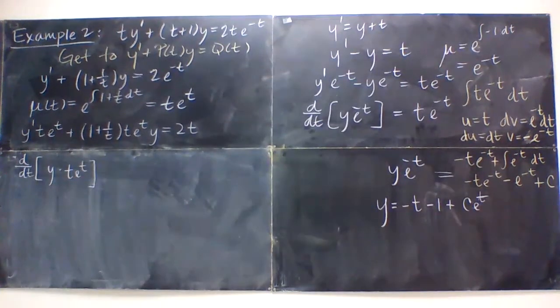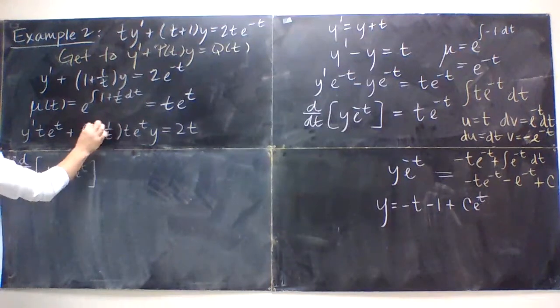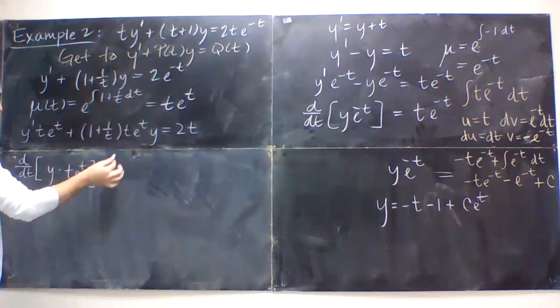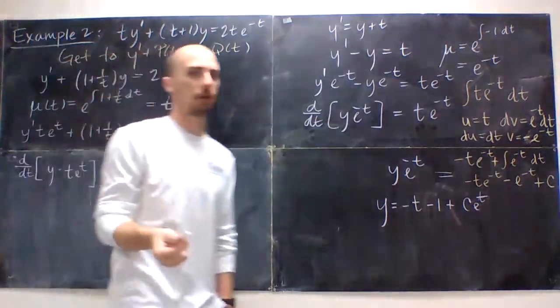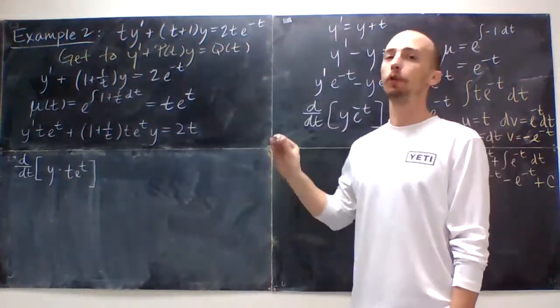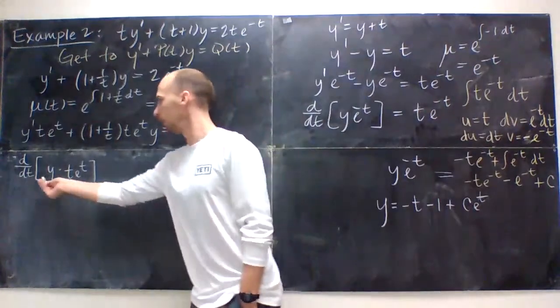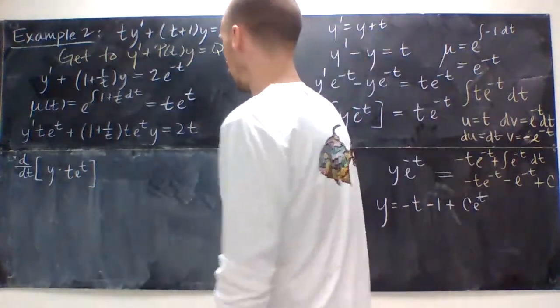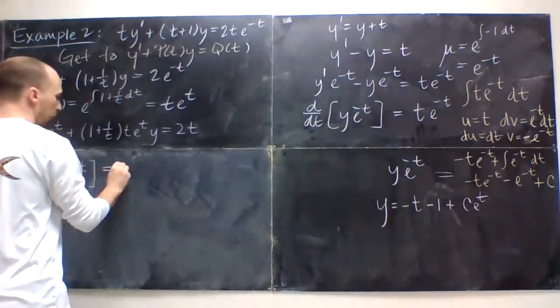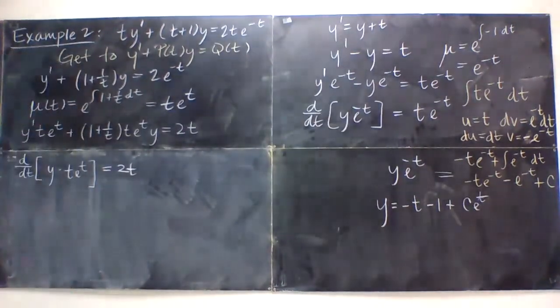I can kind of see where this is all going to come in, because really if I distribute this in, this will be a t plus 1, and you'll get that from the product rule if you factor out the e to the t. If you don't believe me, just take the derivative of this using the product rule and convince yourself. And that's going to be equal to 2t, which is something we can very easily anti-differentiate.